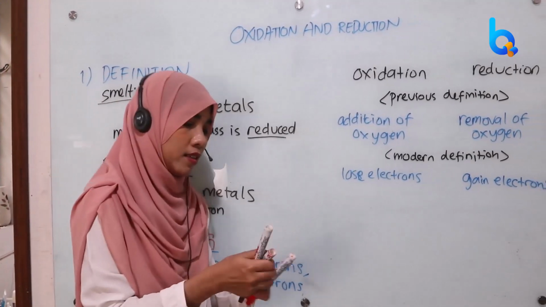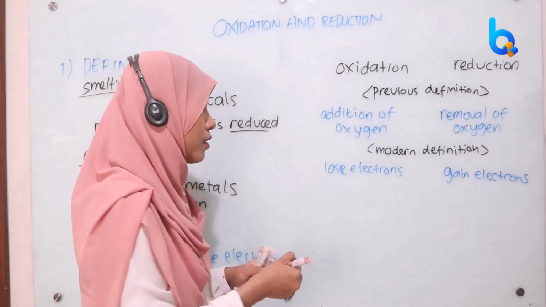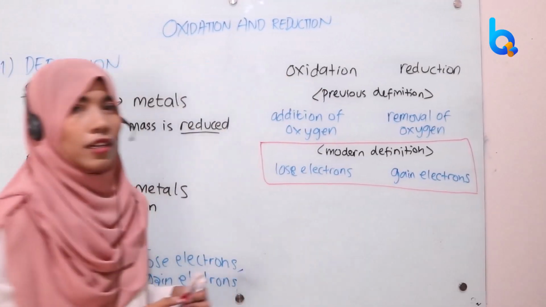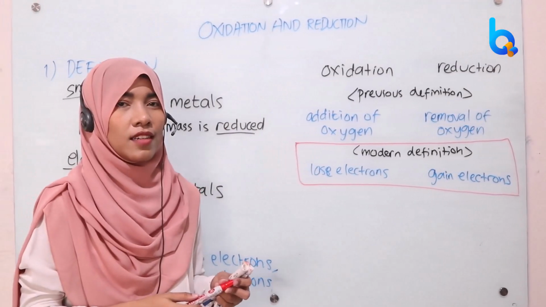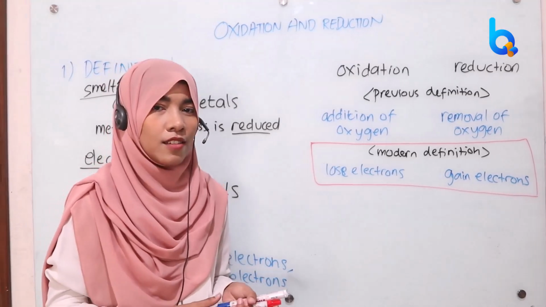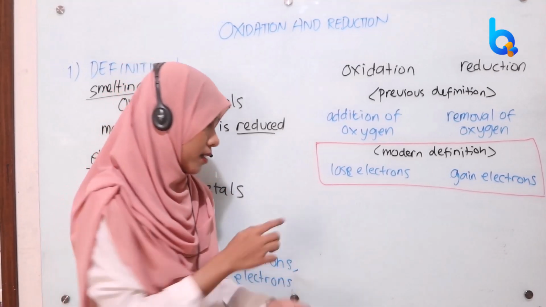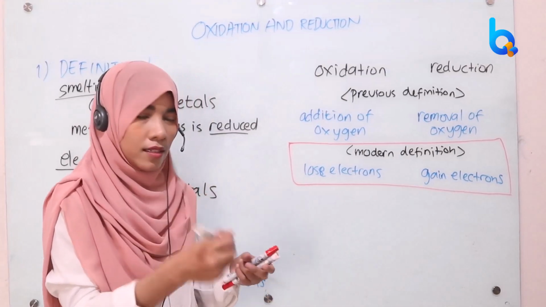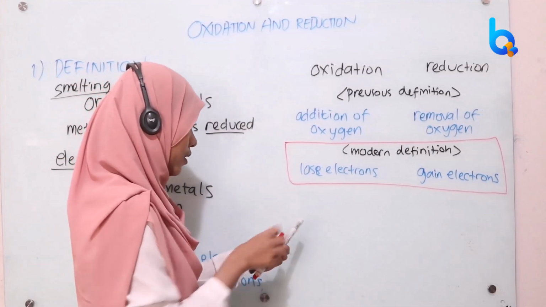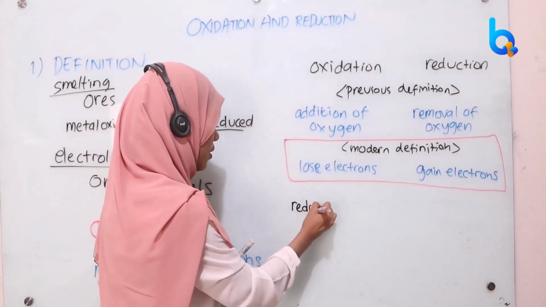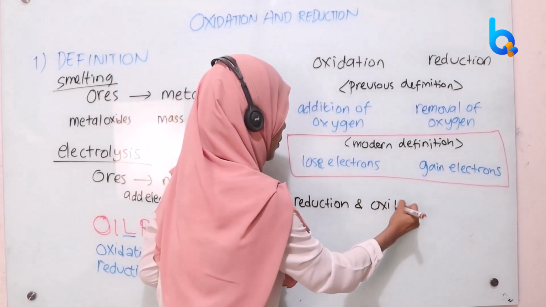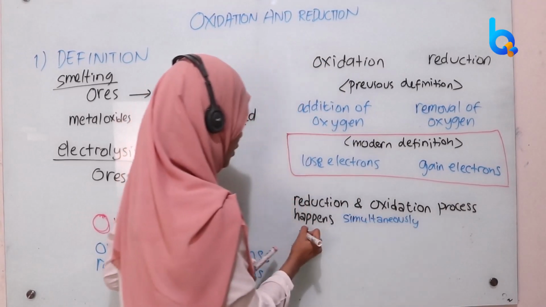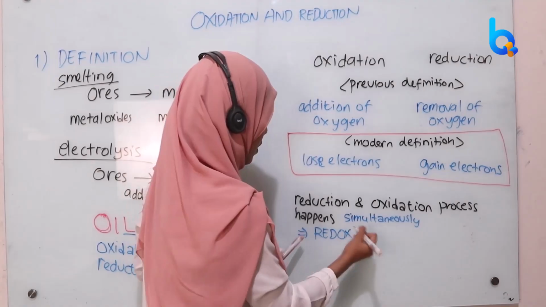So in this chapter we will use this modern definition in order to check if a process is oxidation or reduction. So this involves electrons. When reduction and oxidation processes happen simultaneously, this reaction is called a redox reaction.